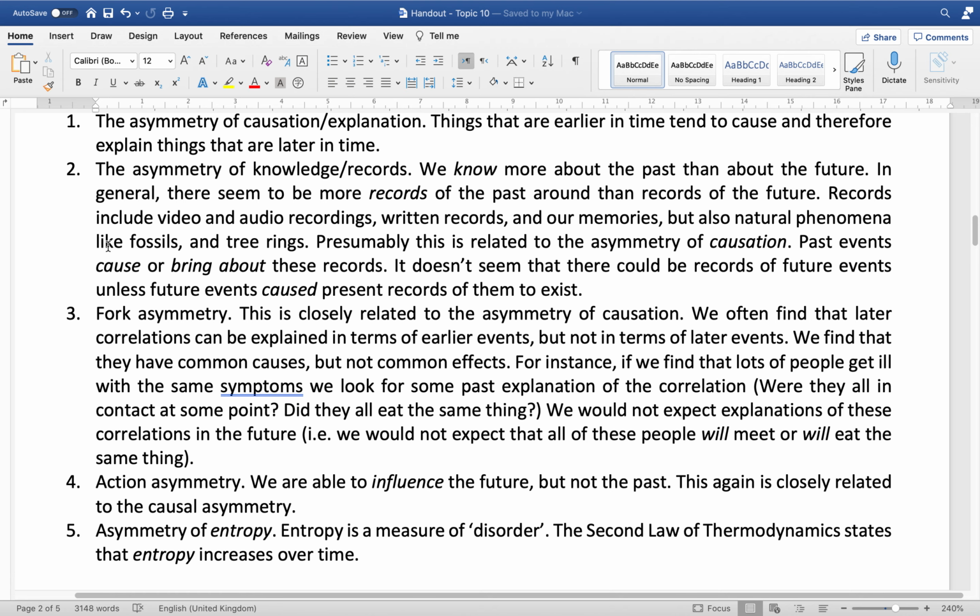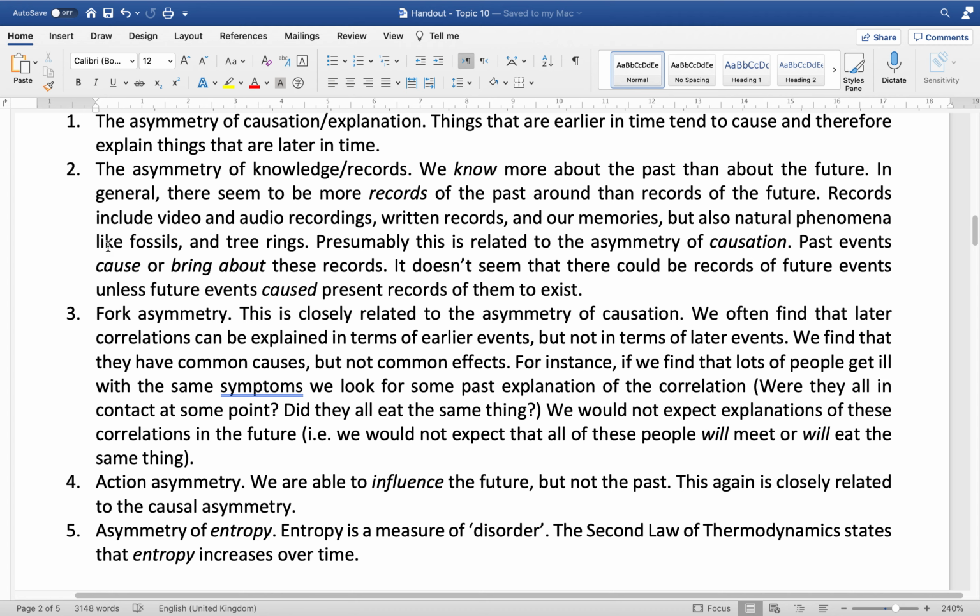Another asymmetry, which maybe takes a little bit more unpacking, is something that Hans Reichenbach, whose citation I've given at the end of the handout, refers to as a fork asymmetry, which again seems to be rather closely related to the asymmetry of causation.